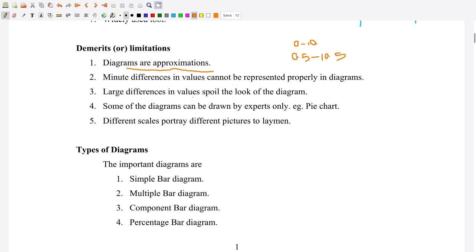Large differences in values spoil the look of the diagram. For example, you have one value which is say 0.005, and one value which is say 10,000.